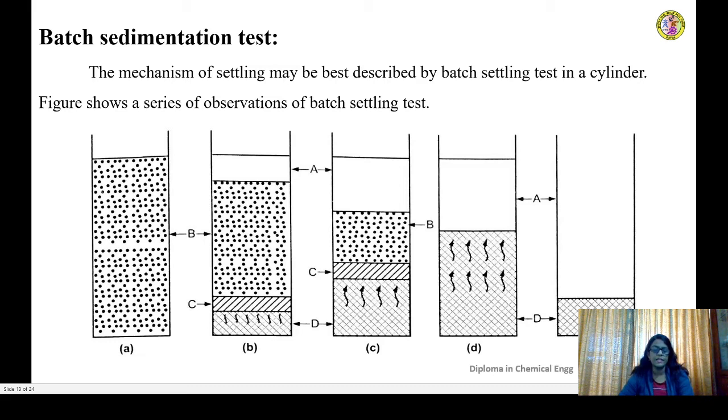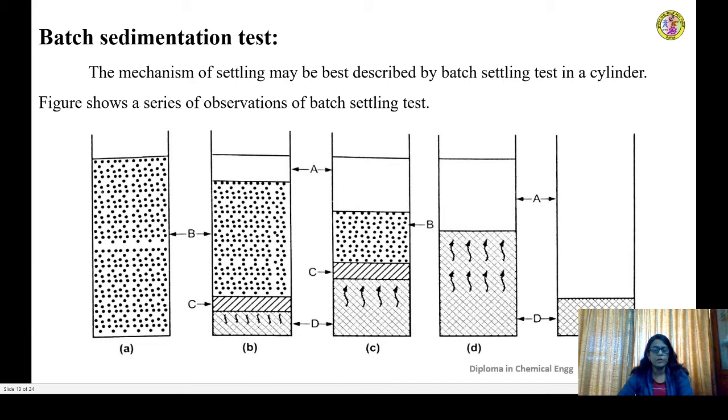In figure C, you clearly see the different zones. The top zone is called the clear liquid zone, where all the solids have moved to the bottom zones. Then the second zone is zone B, where you can see the uniform concentration from top to bottom, similar to the concentration of the original pulp or original slurry.